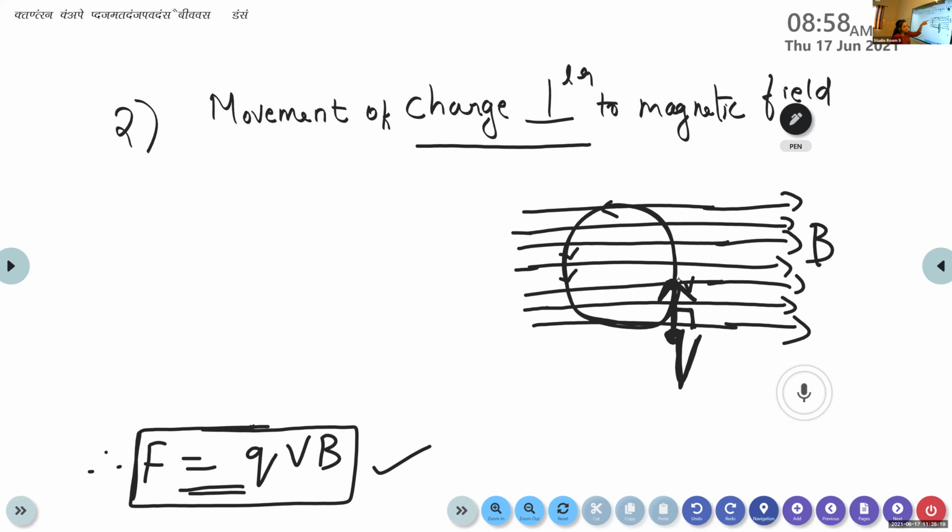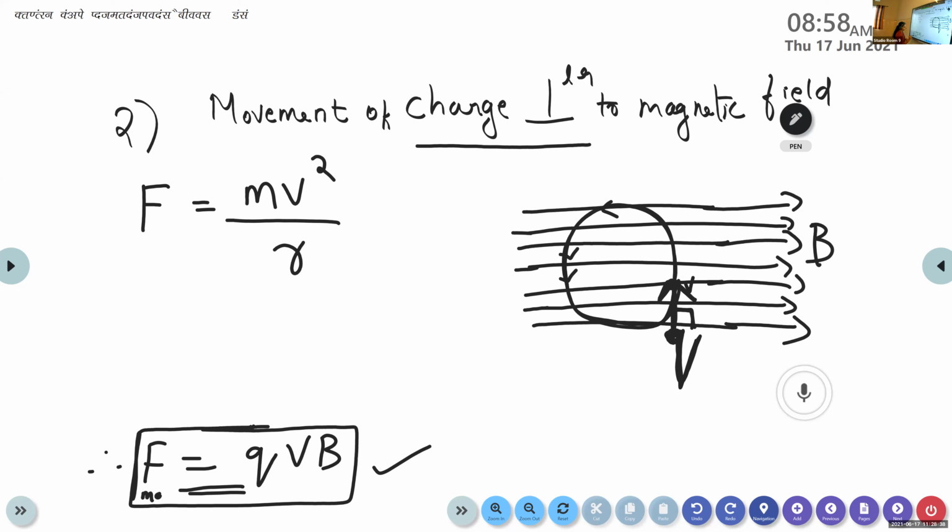Since it is moving in a circular path, it experiences a centripetal force. And what is the equation for centripetal force? F is equal to mv square divided by r.